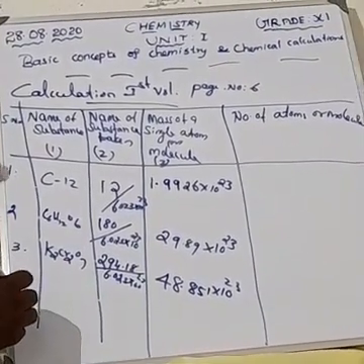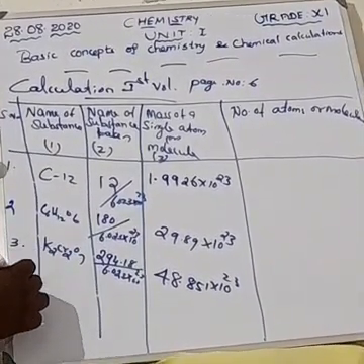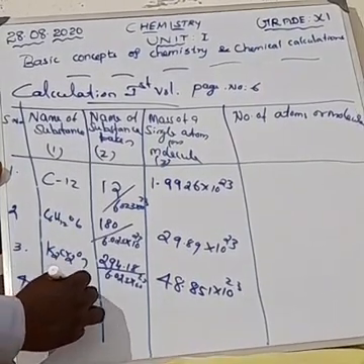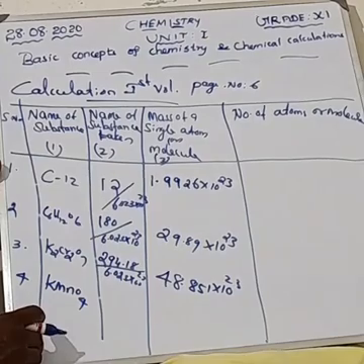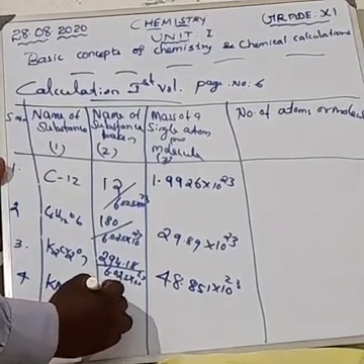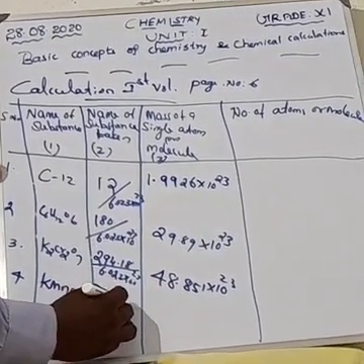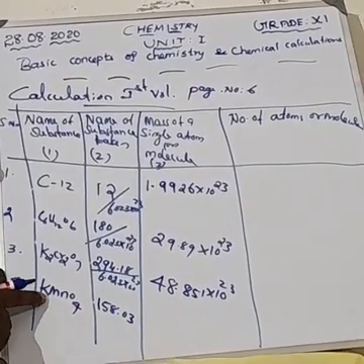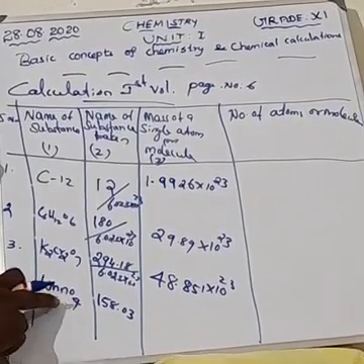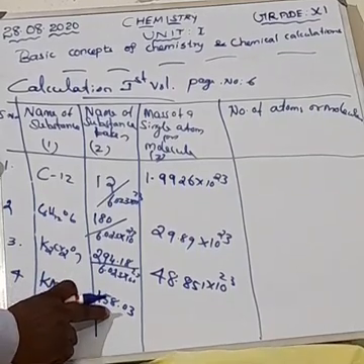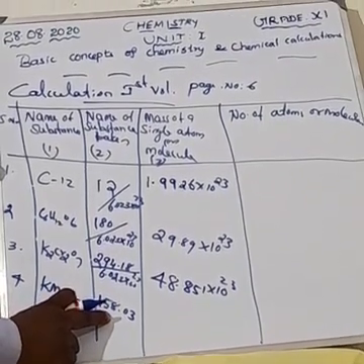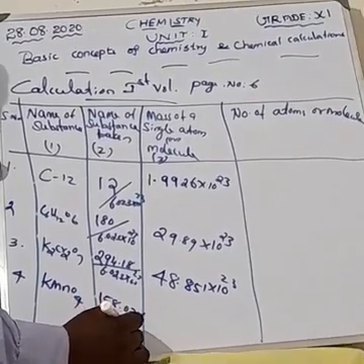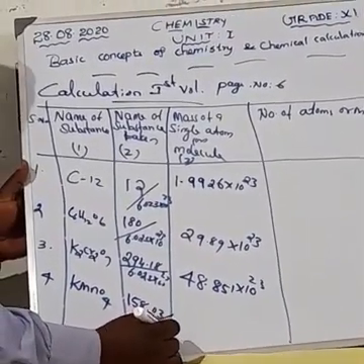Next, potassium permanganate, KMnO4. Its molar mass is equal to 158.03, divided by 6.023 into 10 raised to 23.